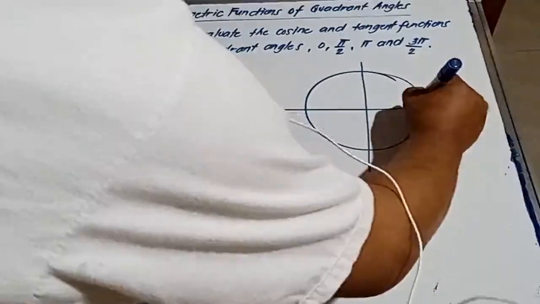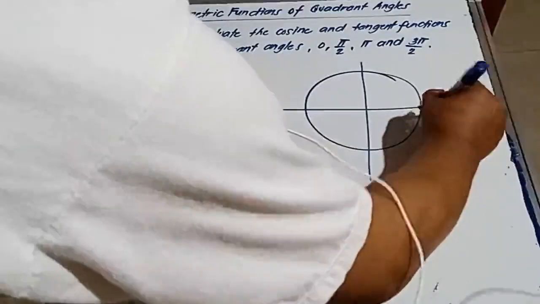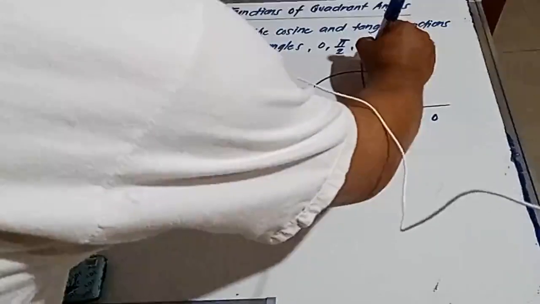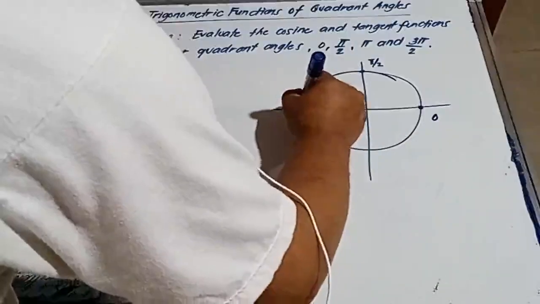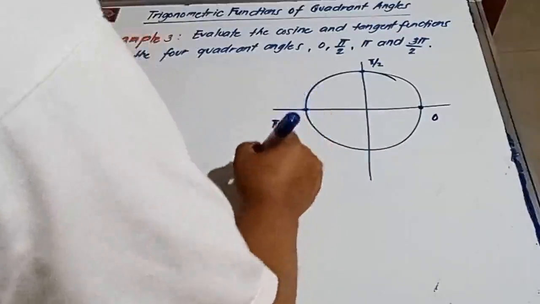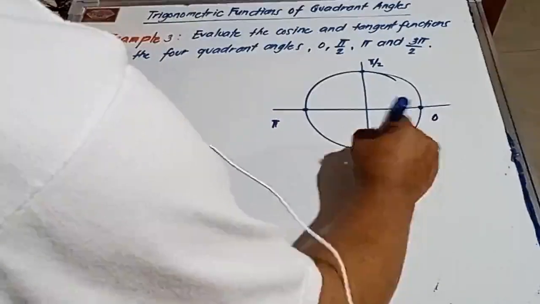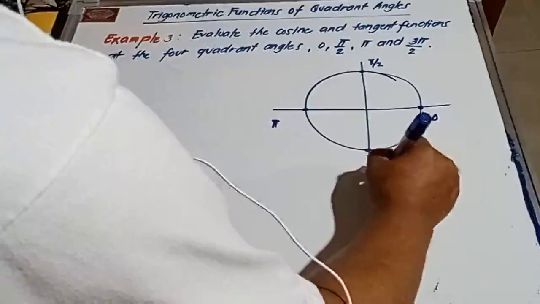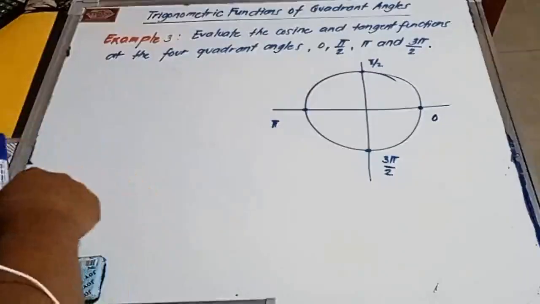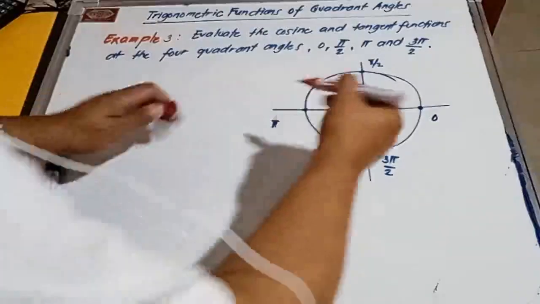So, ito yung mga quadrant angles natin. 0. We have pi over 2. We have here pi or 180 degrees. At ito yung isa pa. Ito yung 3 pi over 2 or 270 degrees. Yun yung mga quadrant angles natin.